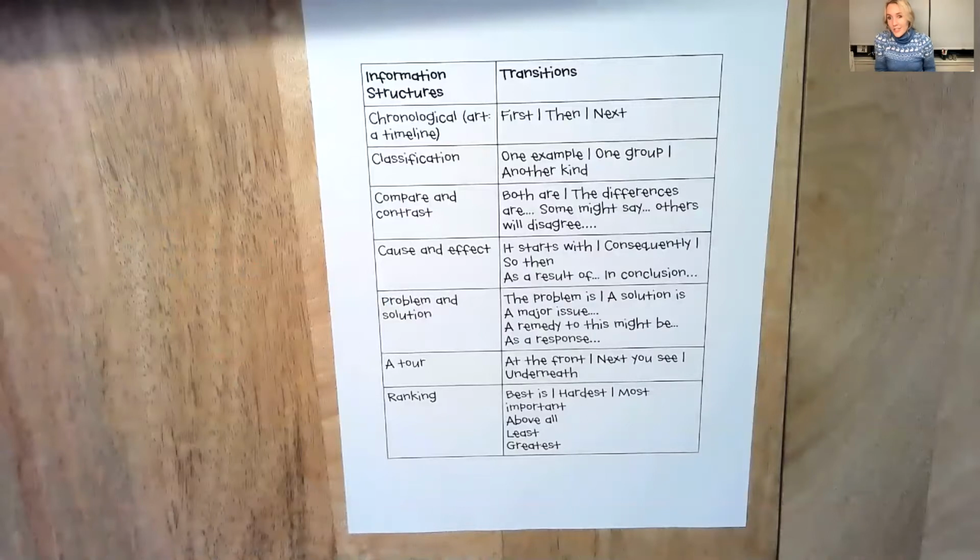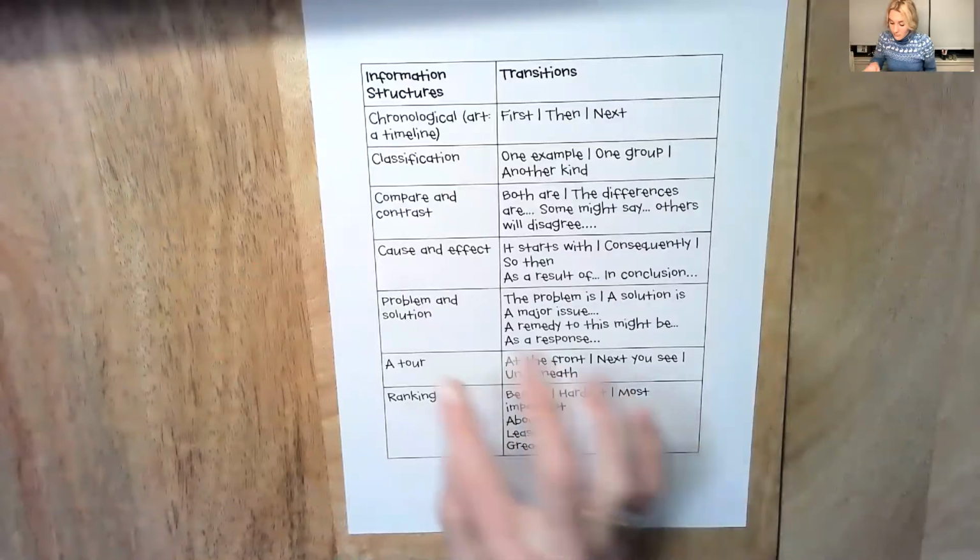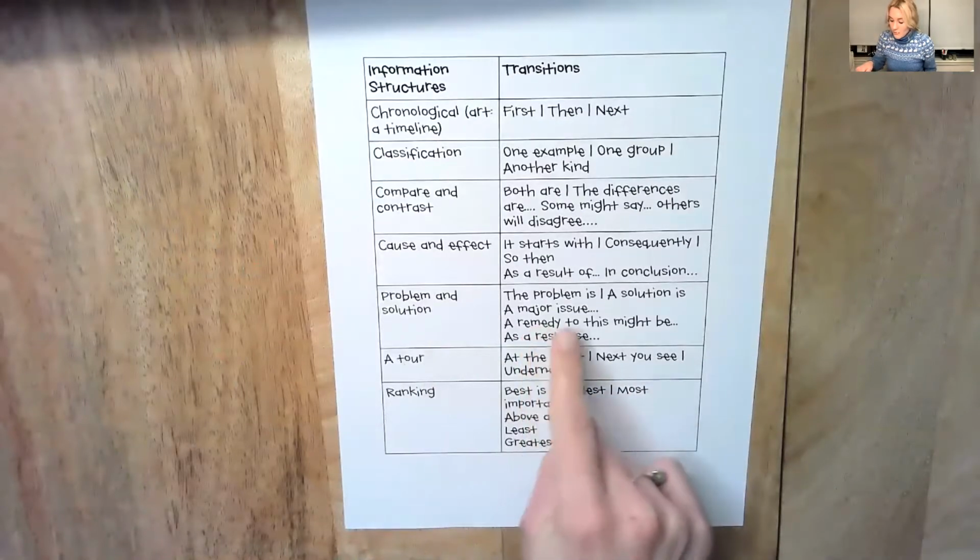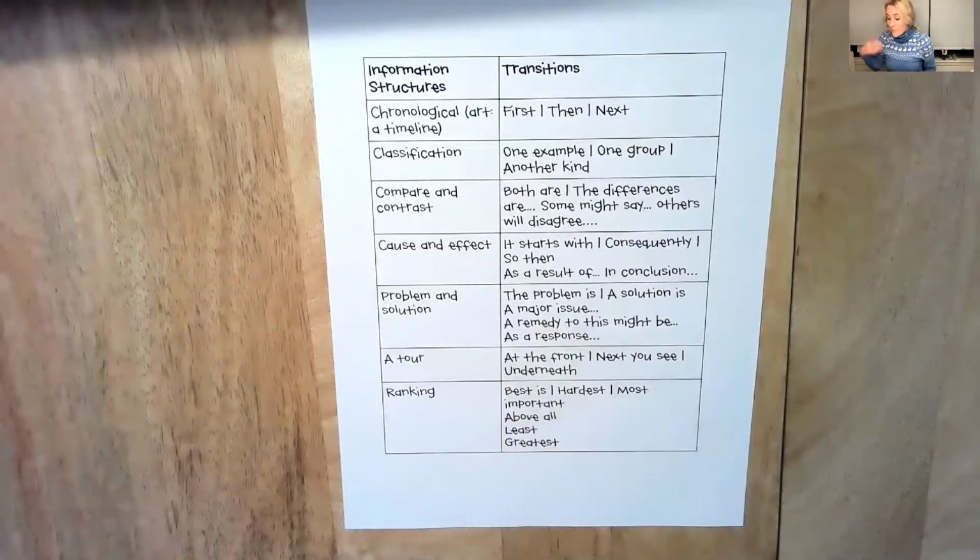So take a look. You can find this also on the Padlet. But right now, let's look at what would you say for problem solution. Maybe you would start off by saying the problem is, and then later on you might say a possible solution to this is, or a remedy to this might be, as a response we might.